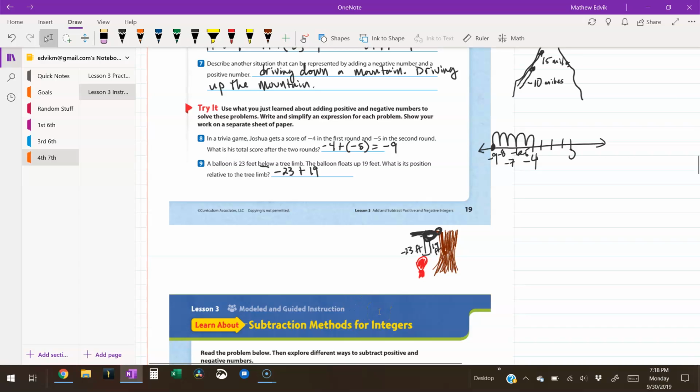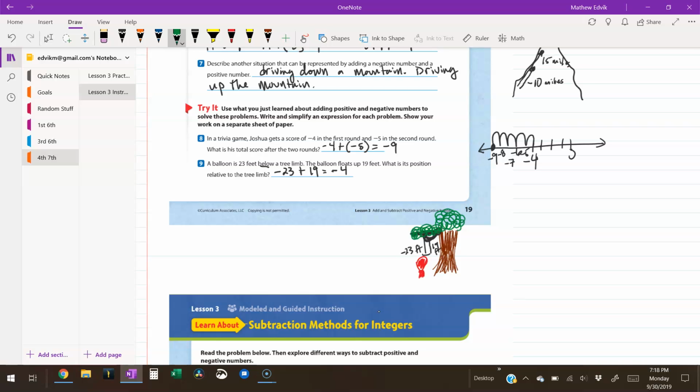And the answer to that question is negative 4. So it's still below, 4 feet below the tree limb. We should put some leaves on that tree too. It's a tree that has one big limb sticking out with lots of leaves on it right there.